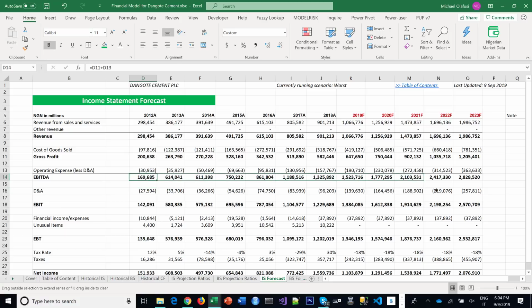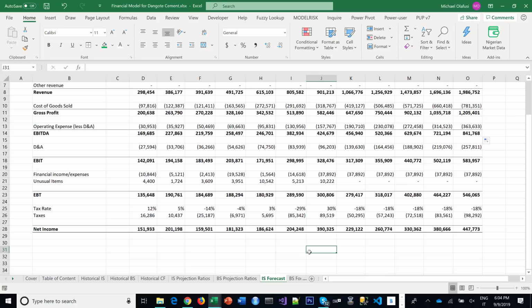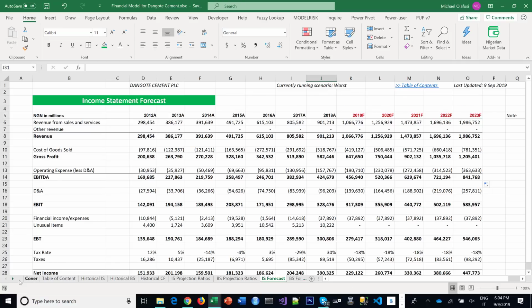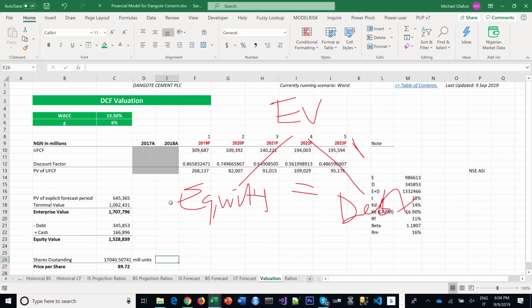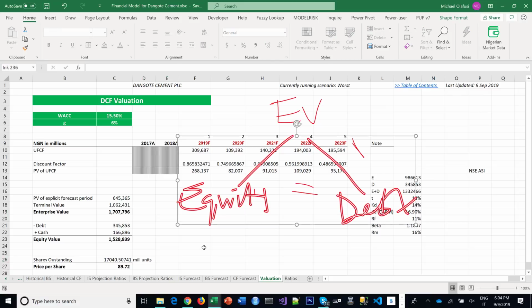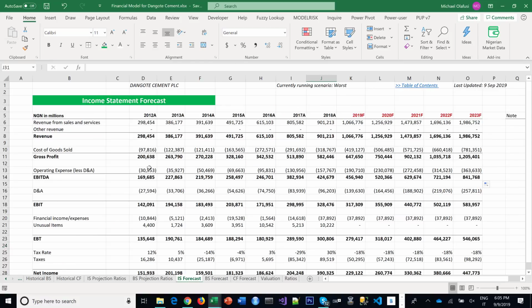Voila. So that's been the problem. There was a miscalculation in here.